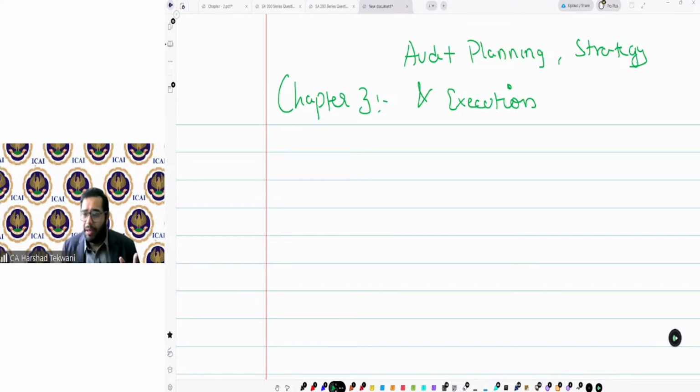Then we will understand how important it is to see the planning at the time of execution, and how execution and planning are related. We will also see something on the execution side of accounting estimates.